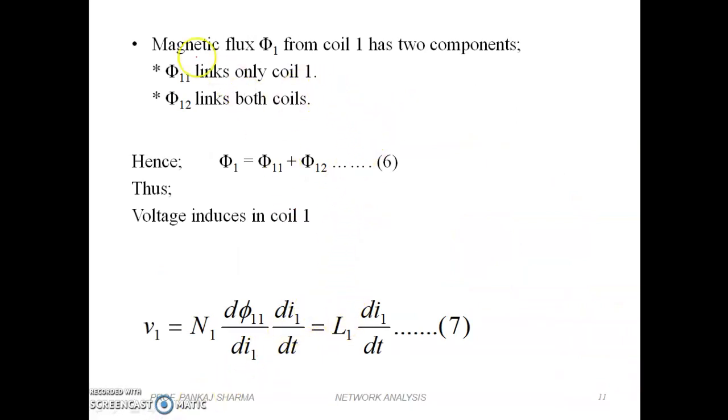See this? The magnetic flux phi1 from coil 1 has two components. Phi11 that links only coil 1 and phi12 links both coils.